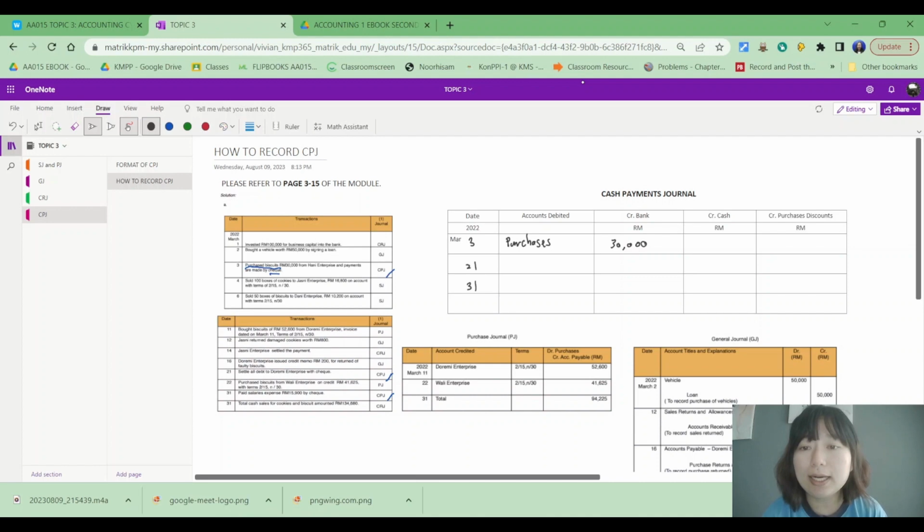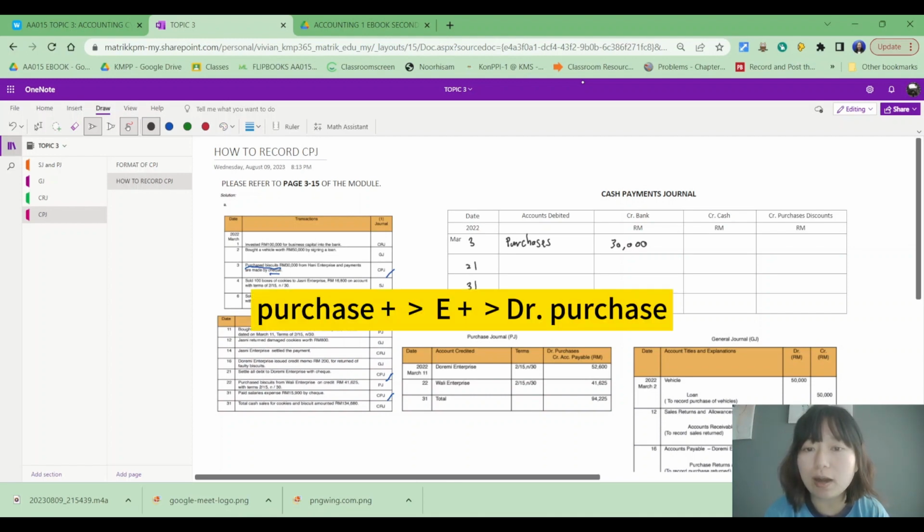So meaning that what happens on 3rd of March is that your bank is going to credit for 30,000. Maksudnya aset you berkurang sebanyak 30,000. Dan kenapa aset you bank ni berkurang 30,000? Because untuk tujuan purchases. Dah berlakunya belian. So you are going to debit purchases account.